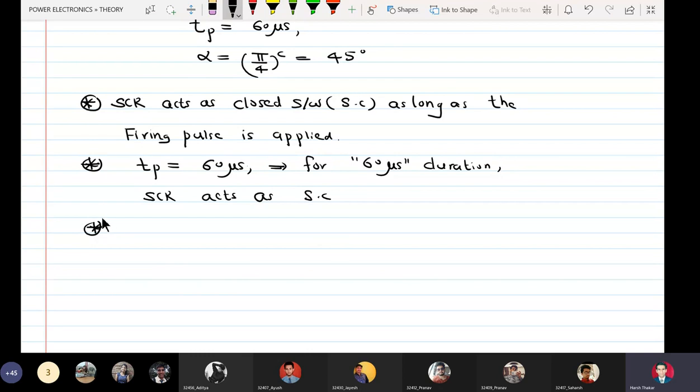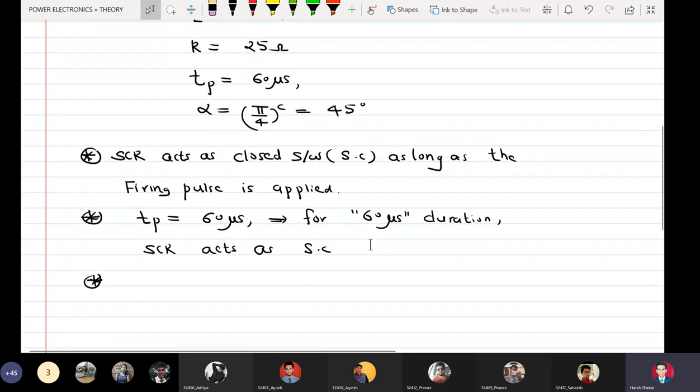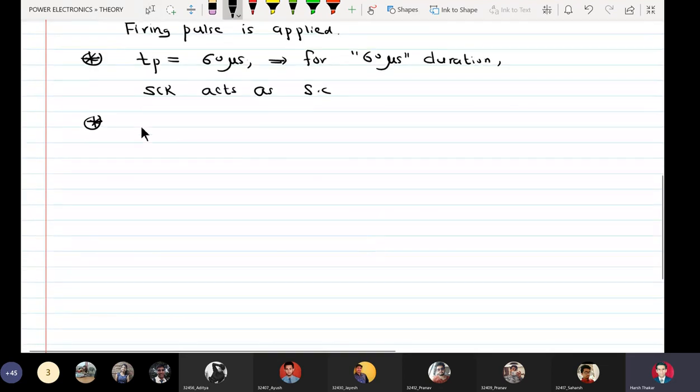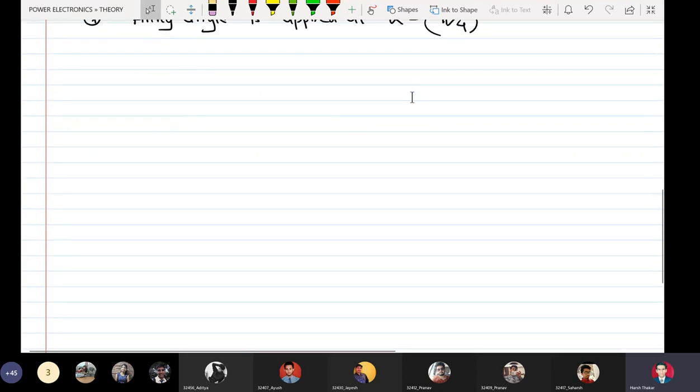Now, the additional thing in this numerical is that the SCR will act as a short circuit for 60 microseconds duration at alpha equal to 45 degrees. Another important detail is that the firing angle is applied at alpha equal to pi by 4 radians.